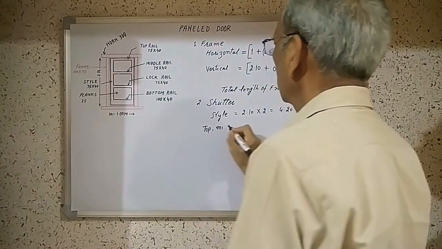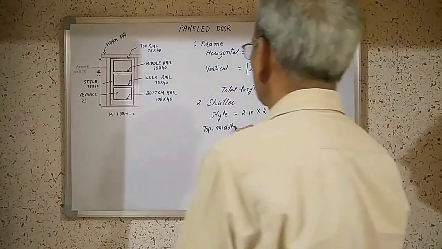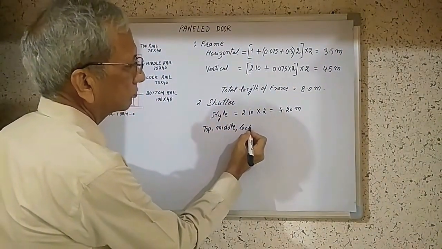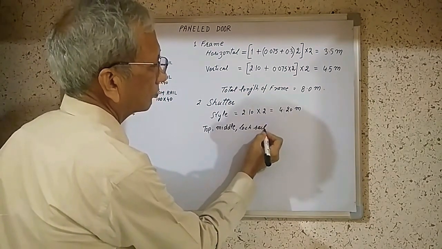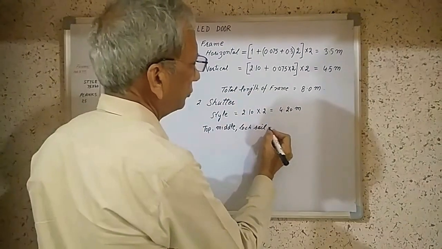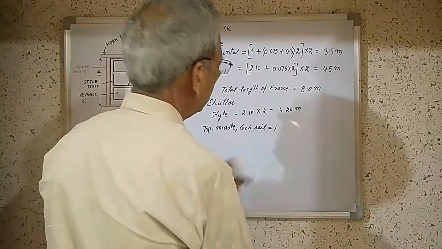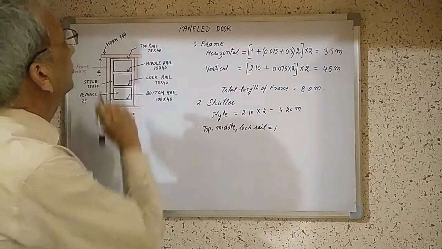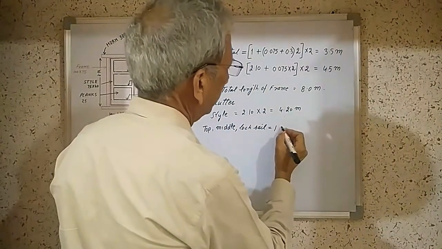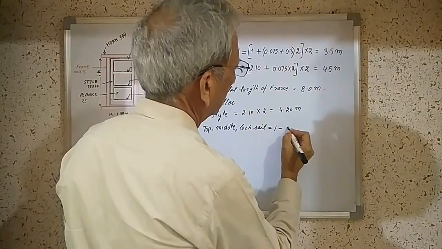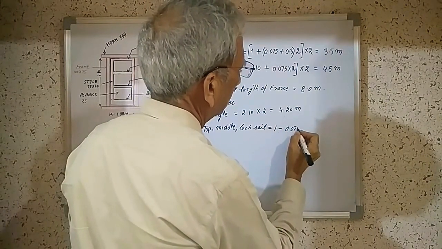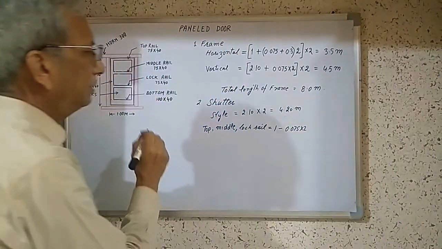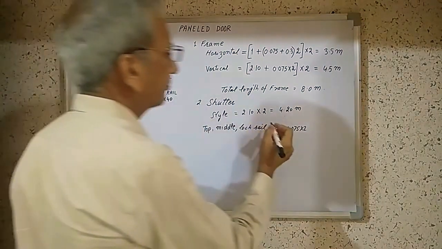middle, lock rail. Now the calculation will be 1 meter minus both sides 0.075, on both sides multiply by 2. This will be the length of one member.